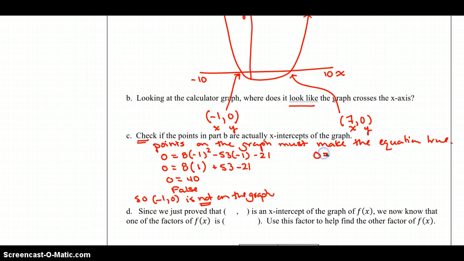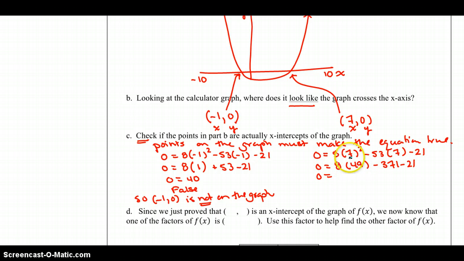So we get 0 equals 8, and then in parentheses 7 squared, minus 53, and again in the parentheses we're putting a 7 for x, minus 21. So again, exponents happen before multiplication, so 7 squared is 49, and 53 times 7 we get 371 minus 21.